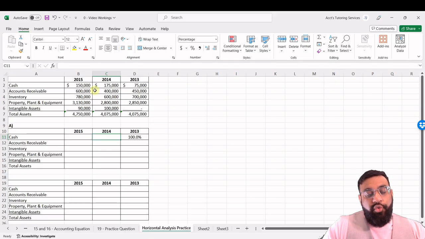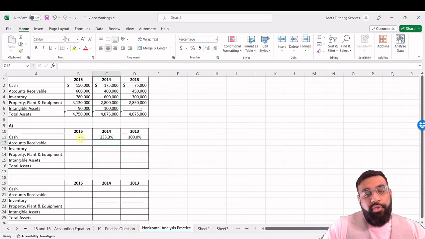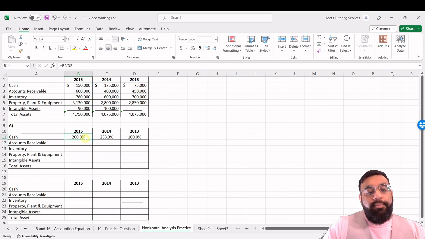Then for 2014, we're going to do 175,000 divided by 75,000 to arrive at 233.3%. Then for 2015 for cash, I'm going to do 150,000 divided by 75,000 to arrive at 200%.